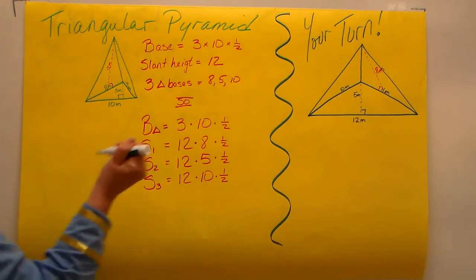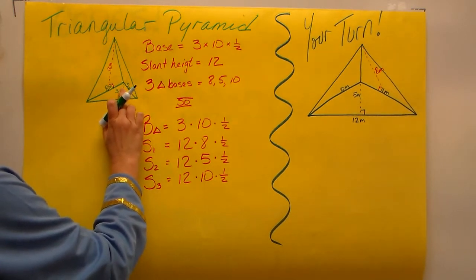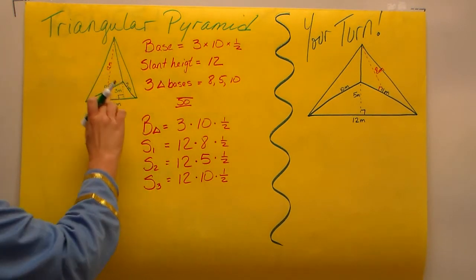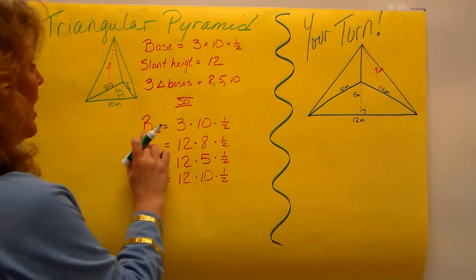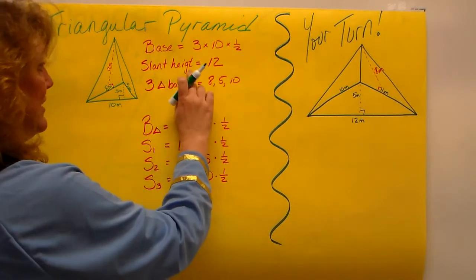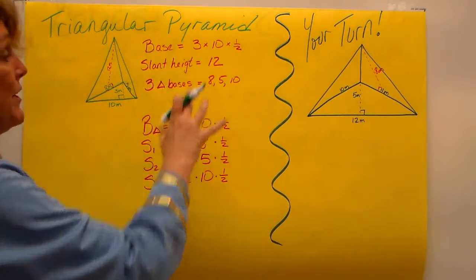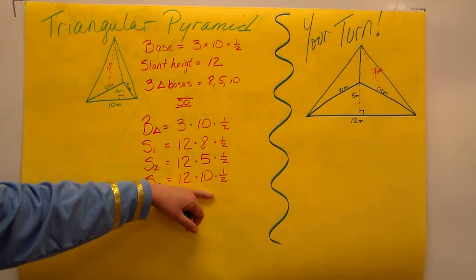So when we find our surface area, we need the surface area of the base and then the surface area of each of the 3 sides. So here, I've got my base, side, side, side. I've got my base, I got my slant height, I got my 3 bases. So I've got all the information I need to make my little matrix here.